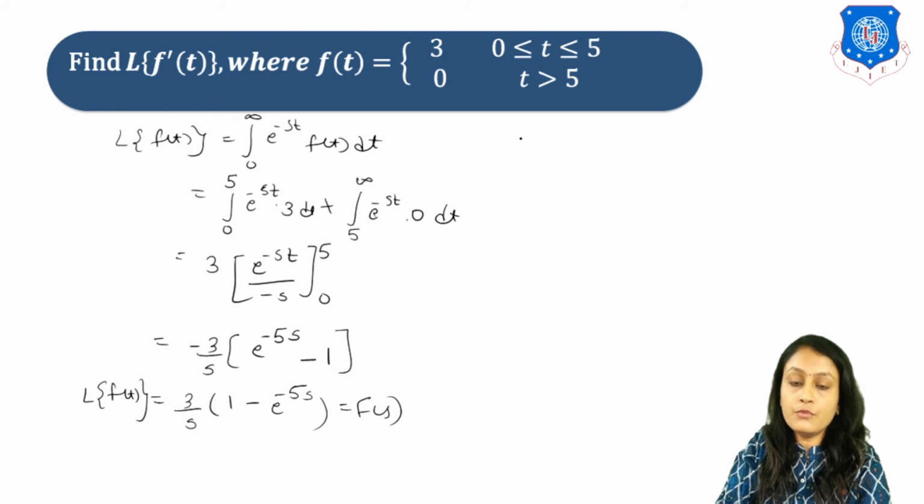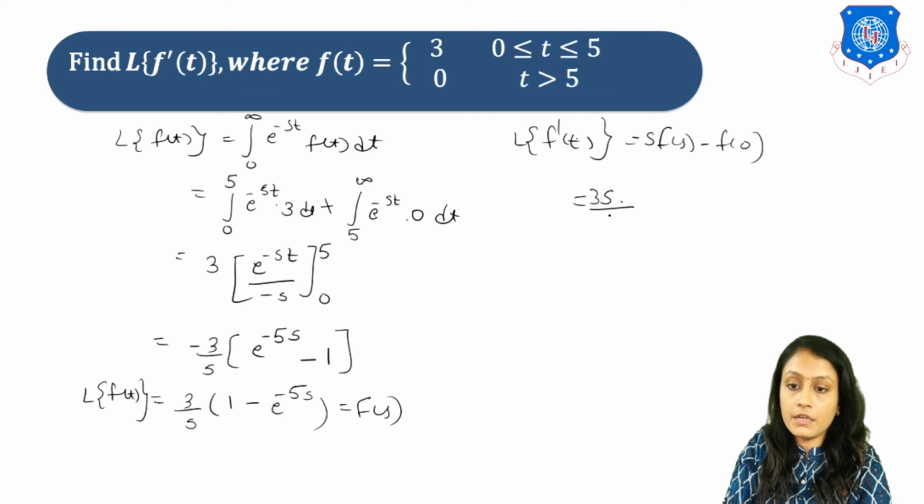Now we have to find Laplace transform of f dash t. So the formula is sF(s) minus f(0). Now F(s) is what? Just write it down, that is 3, I am writing over here, s times 1 minus e raised to minus 5s, minus f(0).